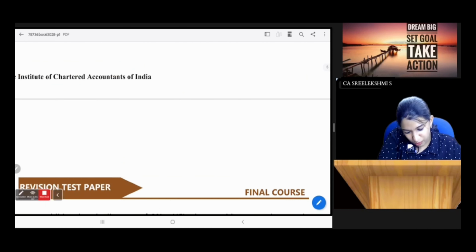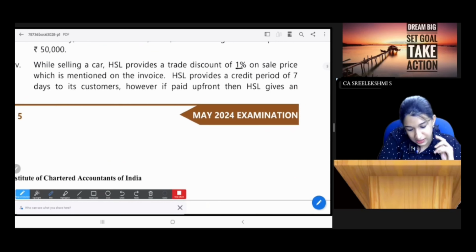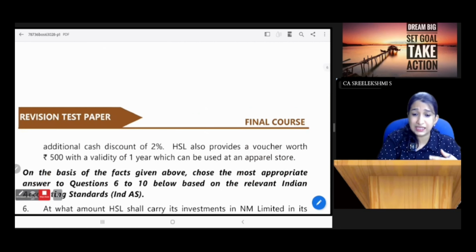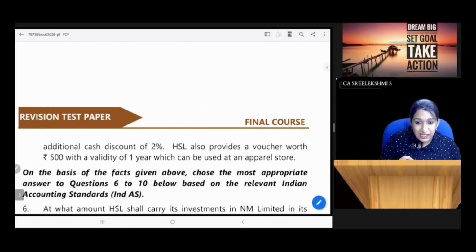Let me read once more. While selling a car, we provide 1% trade discount. Then we provide 2% cash discount. See, as per Ind AS 16 or Ind AS 2, this cash discount will not be deducted.